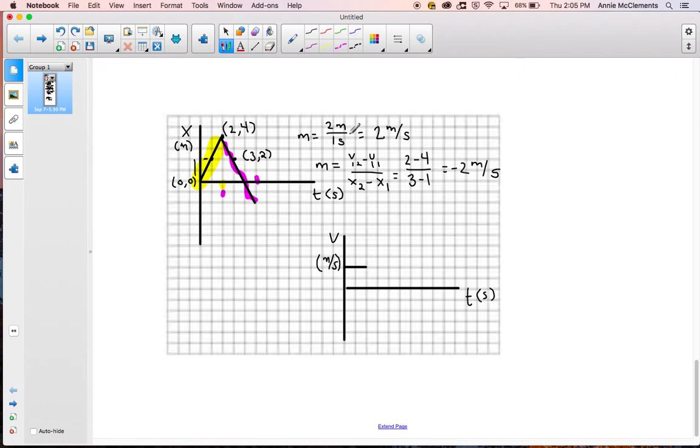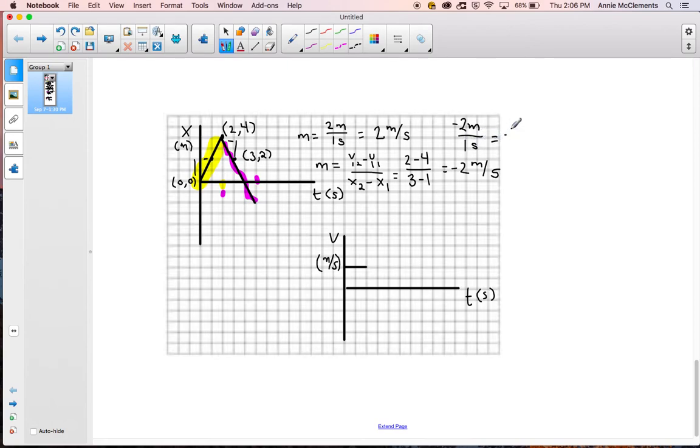Okay. Easier way to do this, right, since it looks like these are nice intersects, you can again count the difference in rise over run to get from one point to another, right? So we go down negative 2, right? So we're going to have negative 2 meters, and we go over 1 second to get there, right?